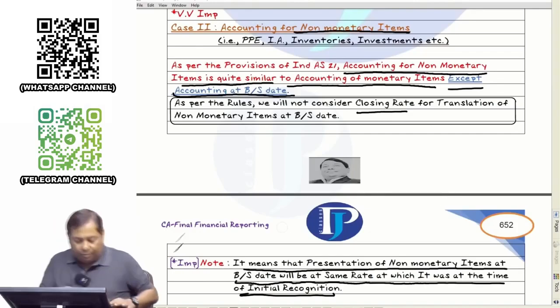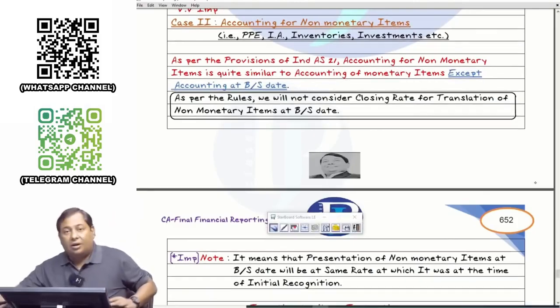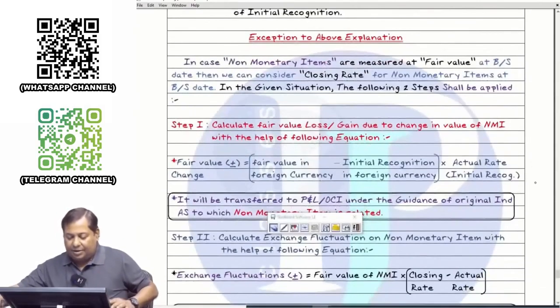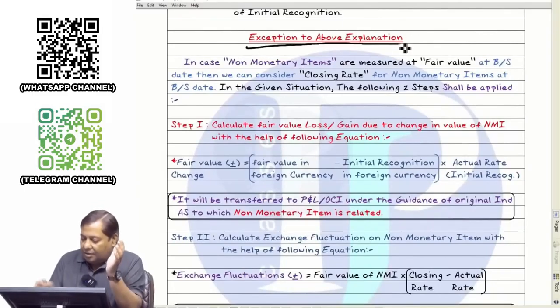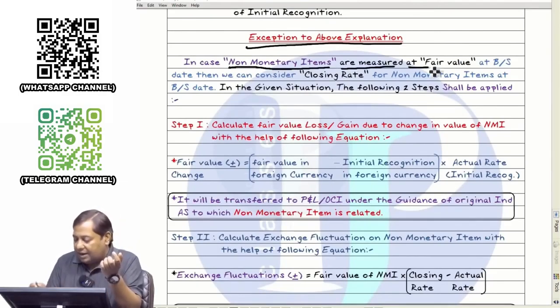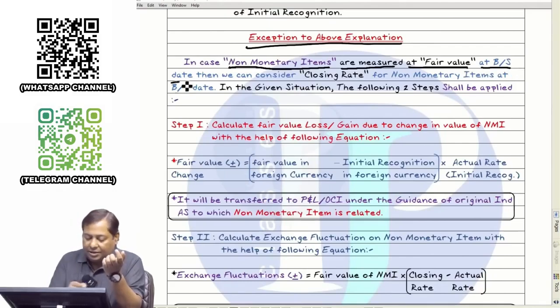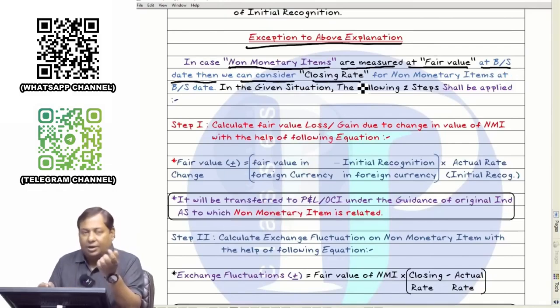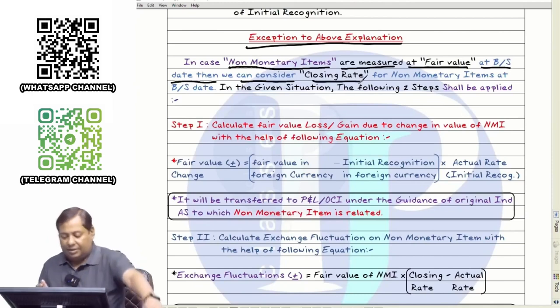I explained basics first, then I told you some helpful things like the exception. Look here. Your principle will change if you need to do valuation at balance sheet date. Clear? And the non-monetary items are measured at fair value at balance sheet date. We can consider the closing rate. It can be taken if we go by fair value.